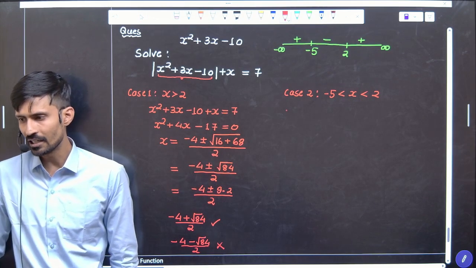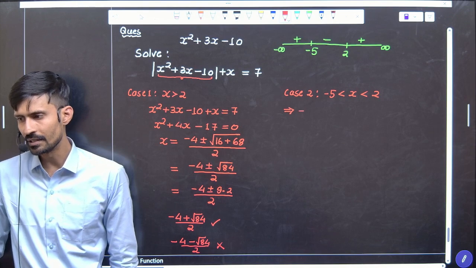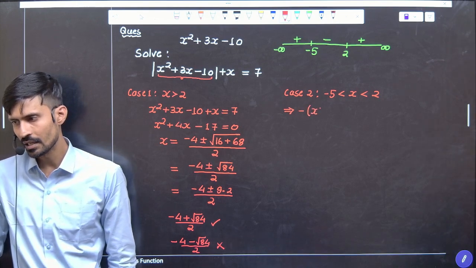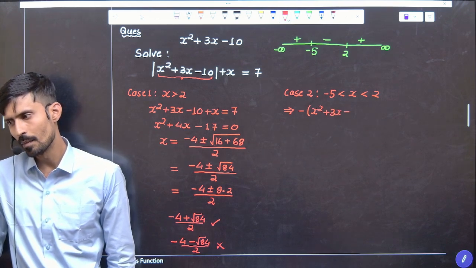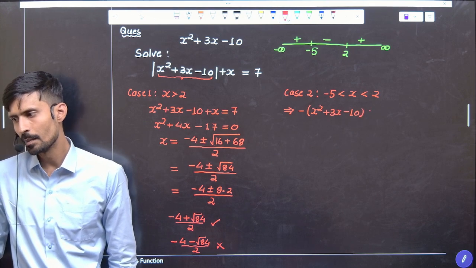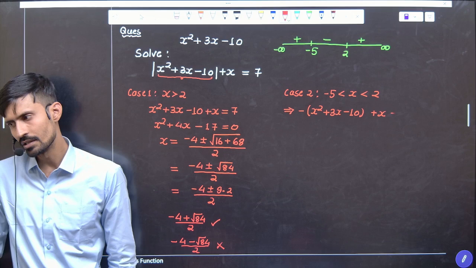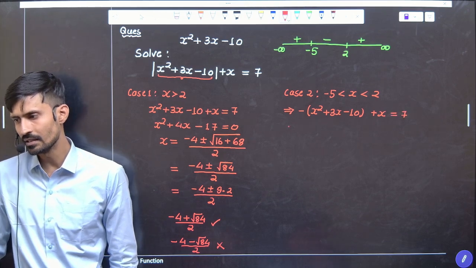Negative. So that modulus will open with a negative sign. Minus times x square plus 3x minus 10, plus x is equals to 7.